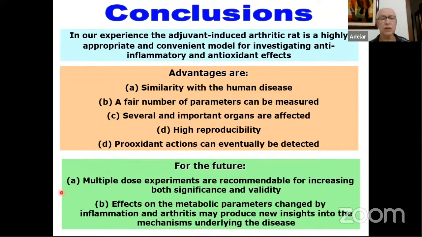For the future, multiple dose experiments are recommendable for increasing both significance and validity. Effects on the metabolic parameters changed by inflammation and arthritis may produce new insights into the mechanisms underlying the disease.